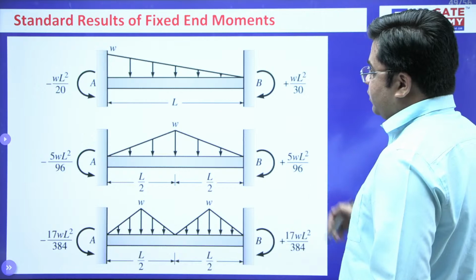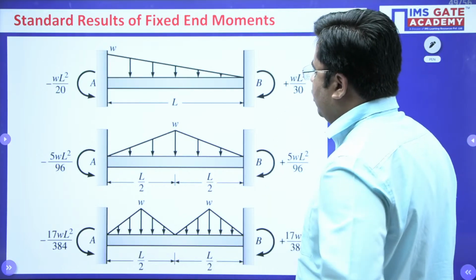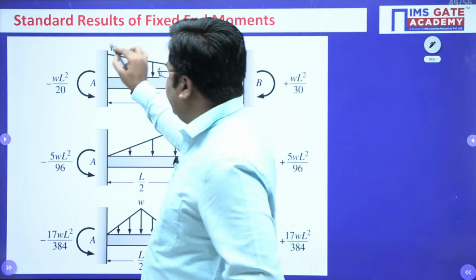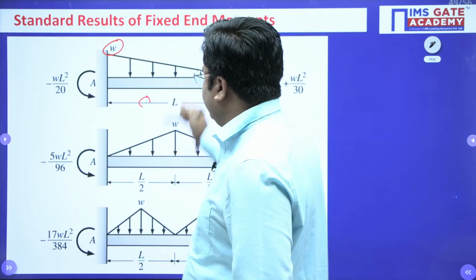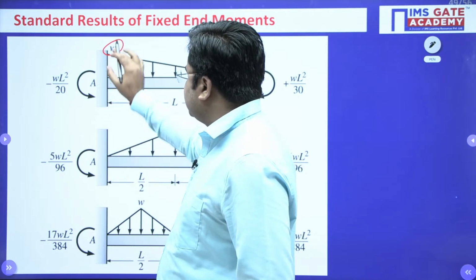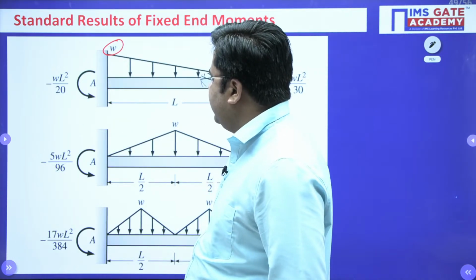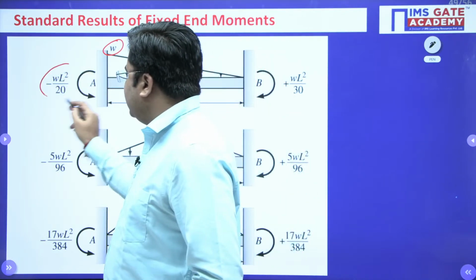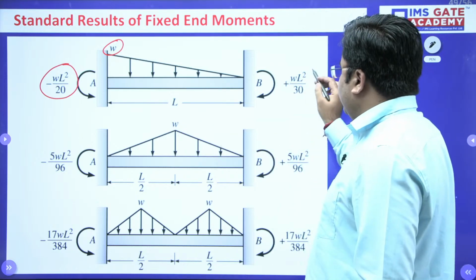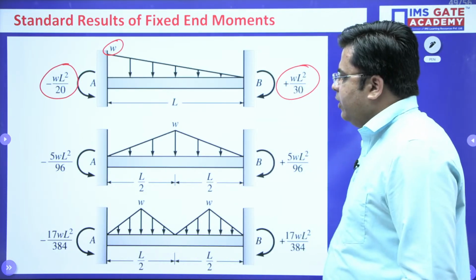Next, for a uniformly varying load, where W is the load intensity at end A, which is close to the highest load intensity, the fixed end moment is minus W L square divided by 20, and for the far end it is plus W L square divided by 30.